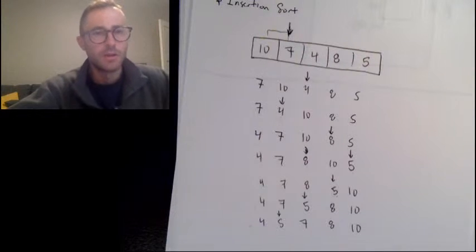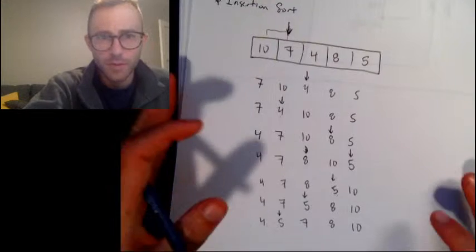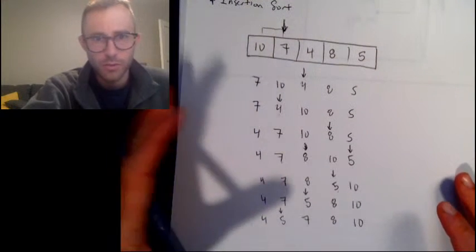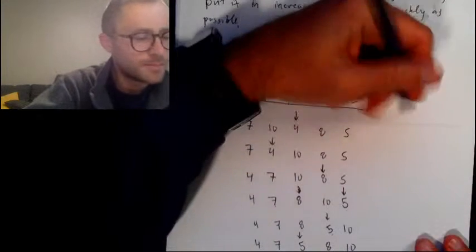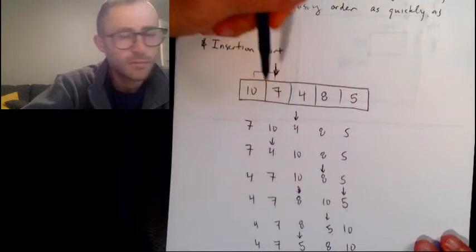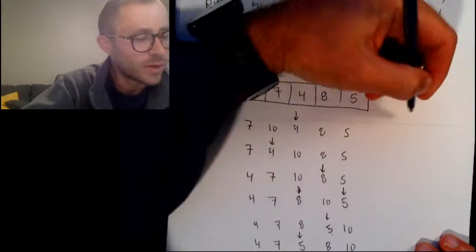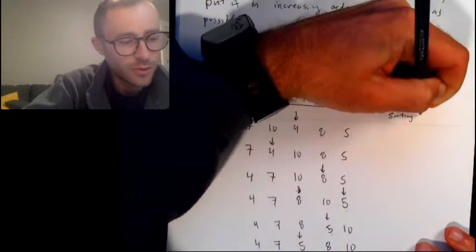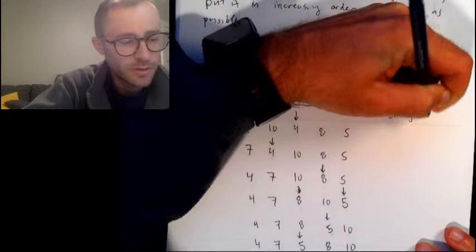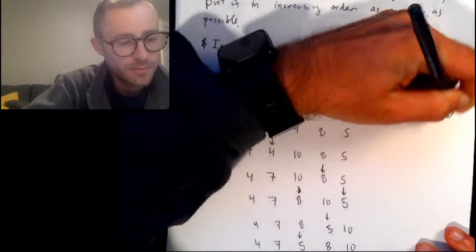So let me just write out in words what we're doing. We're going to start off by sorting the first 2 elements.